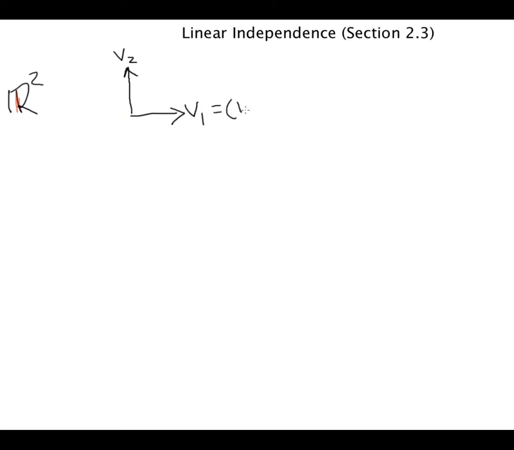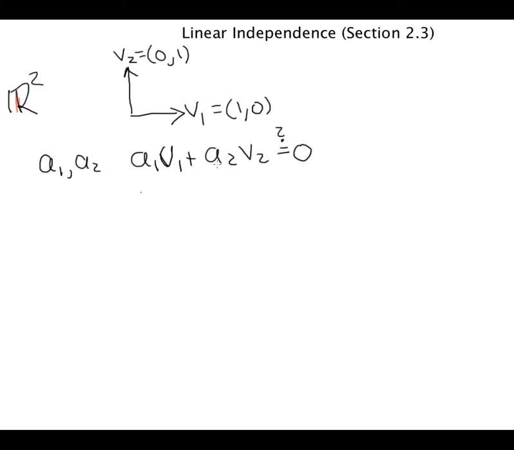Suppose this is the vector 1, 0, and this is the vector 0, 1. So I want to know, can I find a1 and a2 such that a1 v1 plus a2 v2 is equal to 0, where these are not both 0?